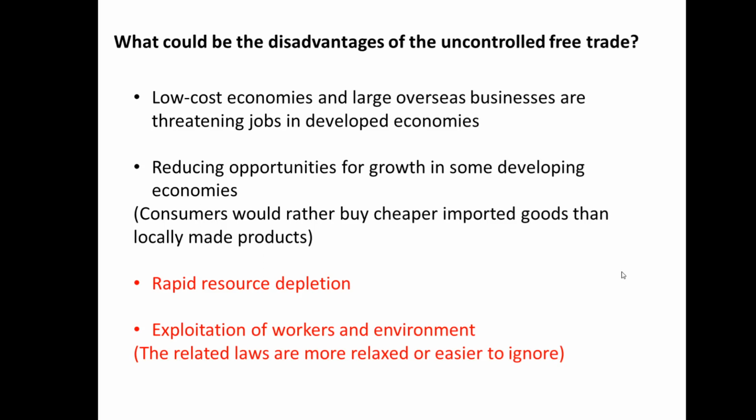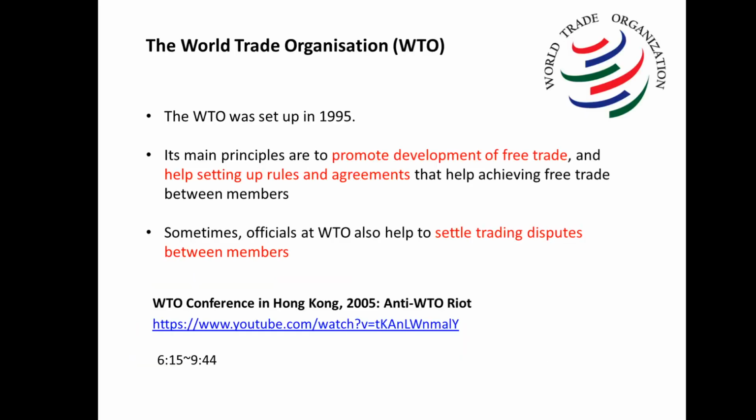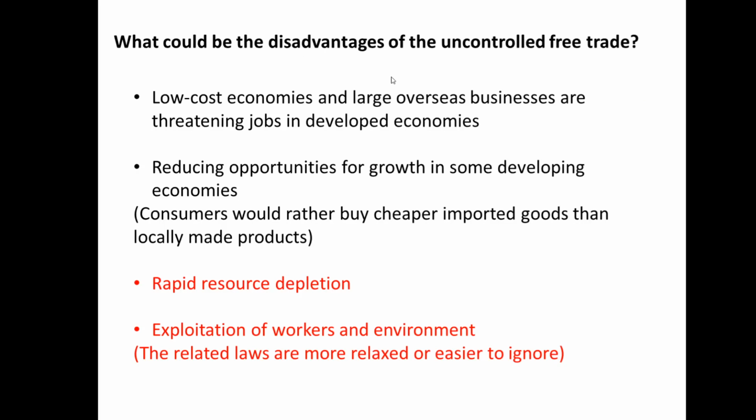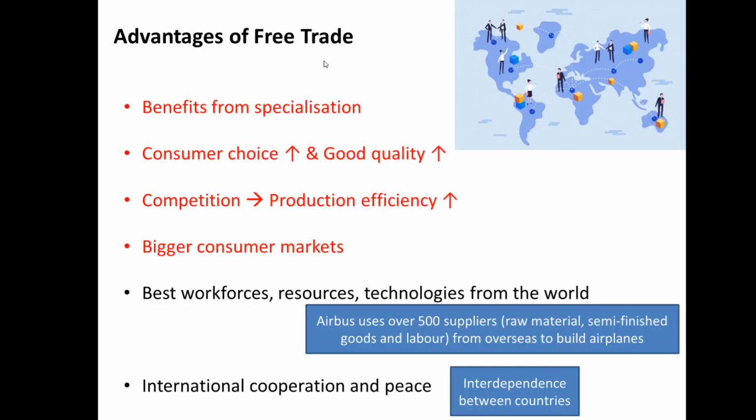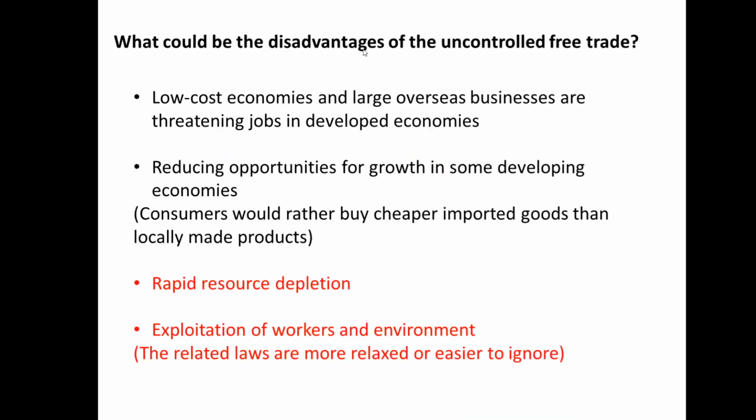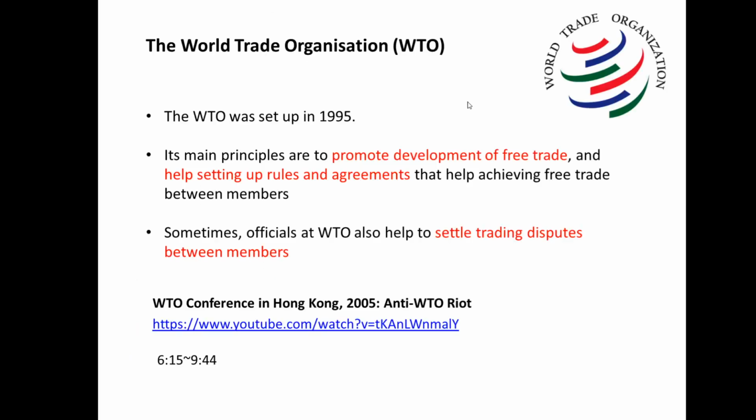So here we have so many concepts when we go back to international trade, so just bear with me. After we have known the advantages and some disadvantages of free trade, we should know this organization as well. I just talked about the WTO just now.